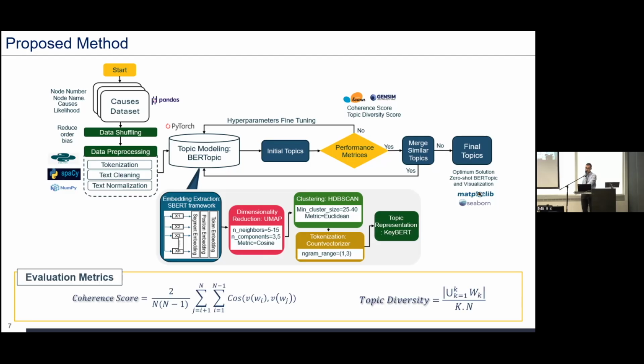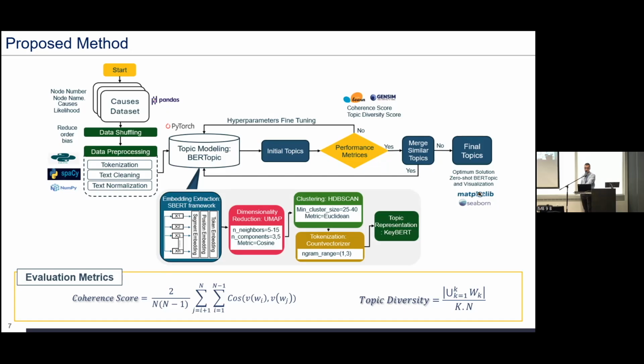The resulting topics are then evaluated using coherence score and topic diversity score paired with human judgment to ensure that the final topics are actionable and acceptable.